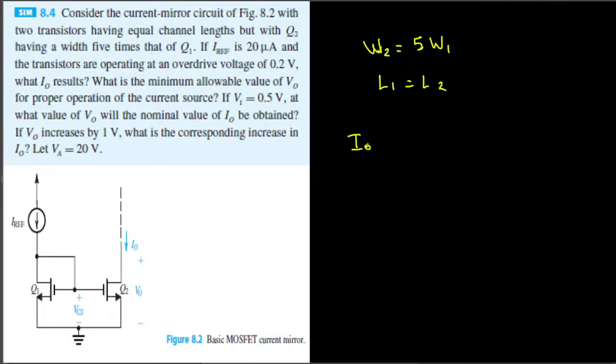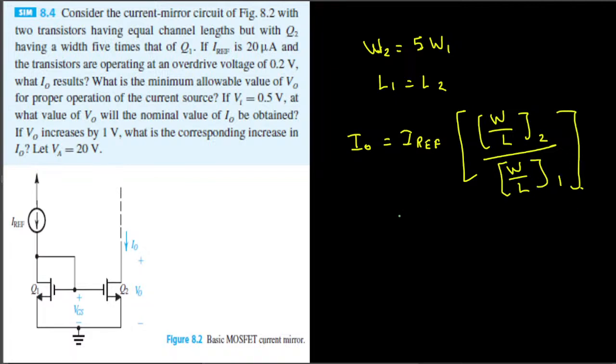I0 is equal to I reference times W over L2, and then that divided by W over L1.